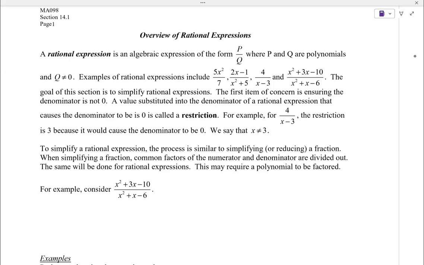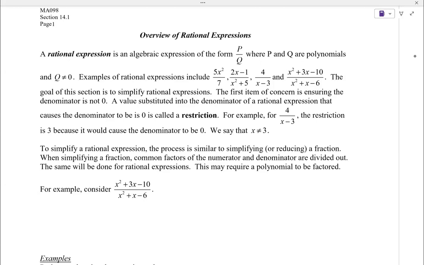What this rational expression stuff allows you to do is something that we did not see with polynomials, and this is allowing x's to be in the denominator. Notice when you have a polynomial, there aren't any x's in the denominator. Rational expressions is the first time we're allowed to have x's in the denominator, but we have to be careful when we have that. Notice that we've got something like 4 over x minus 3.